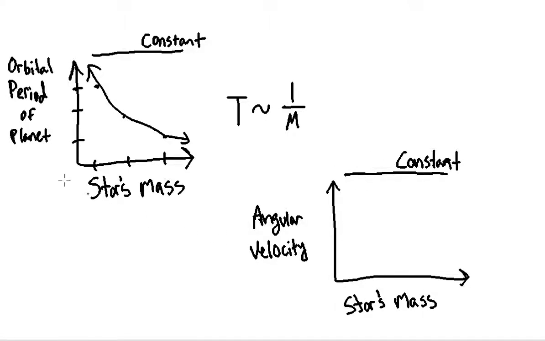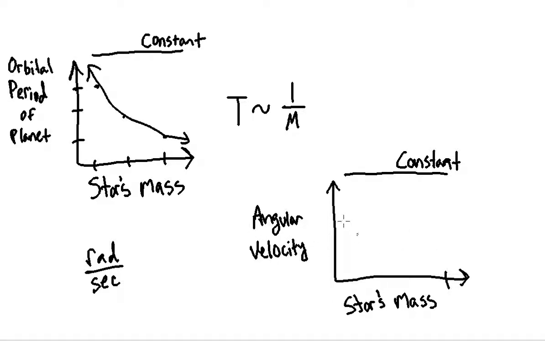So since the period is going down, the amount of time went down, that must mean that the speed or the angular velocity went up. We know angular velocity is in radians per second. Don't worry about a radian. You can just think about it as a certain number of degrees. If this is going down, then this must be going up.